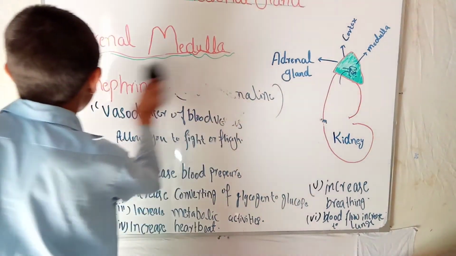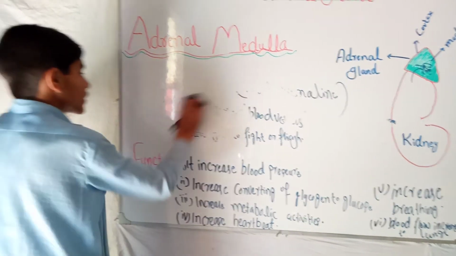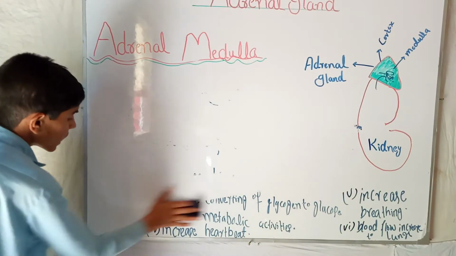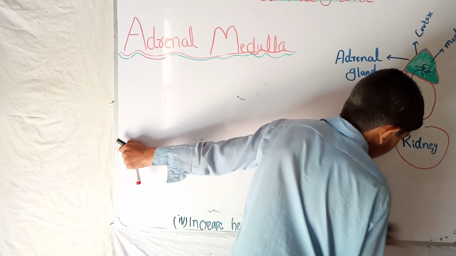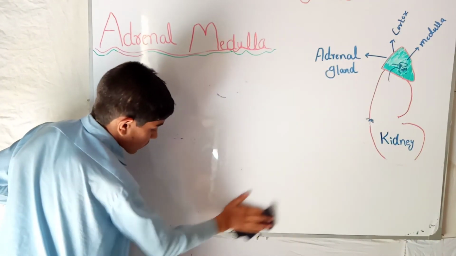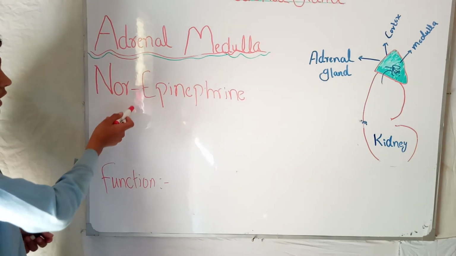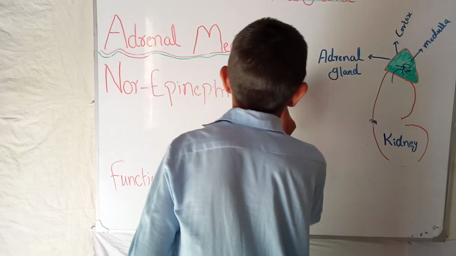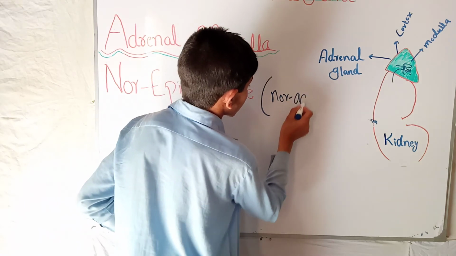Next we are going to talk about its opposite hormone, similar but with an opposite name. It is called norepinephrine. This was epinephrine. The next one is norepinephrine, or we can also say noradrenaline.